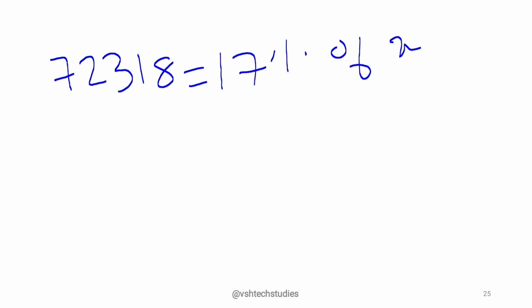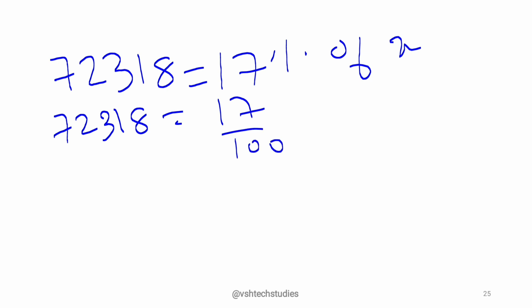X. So 72,318, 17% means 17 upon 100. Of means into, this is x. So rearranging means keeping x here. Sending the other side, 100 means here it is divided by, it becomes multiplied here.